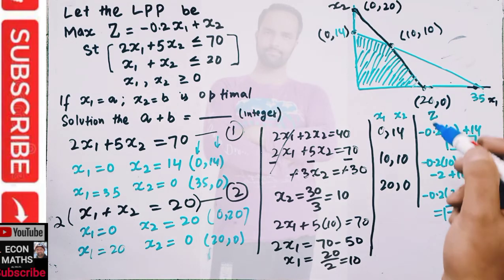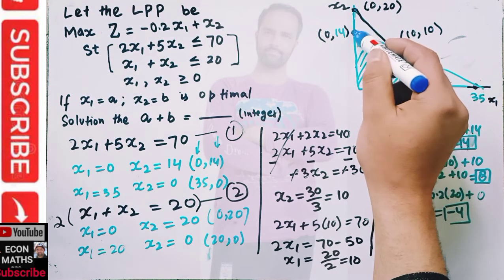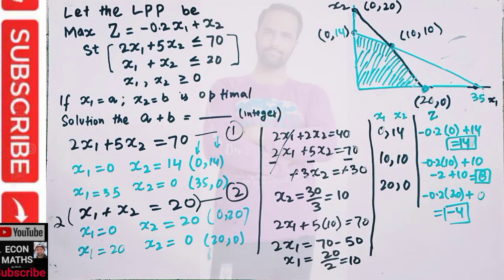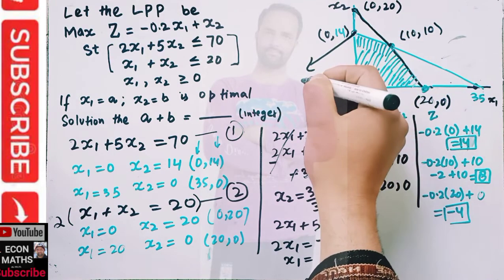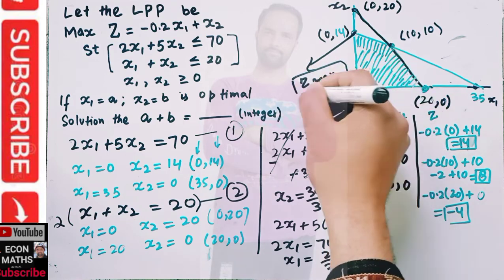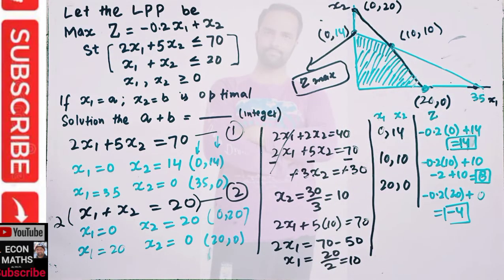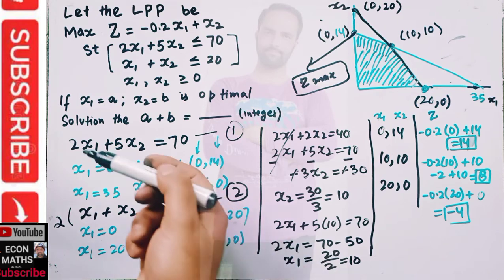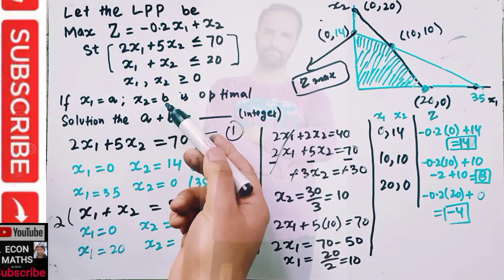From these 3 points, the maximum value of z occurs at this point. z is maximum when x1 is equal to 0 and x2 is equal to 14. Then x1 will be equal to a, x2 is equal to b.